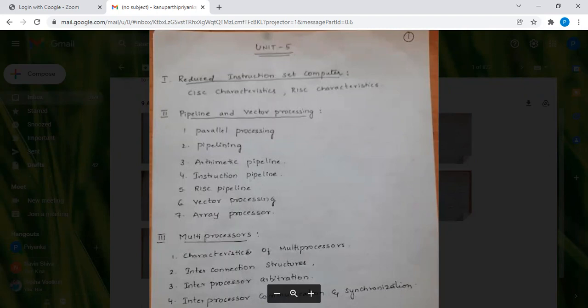First, we need to have relatively few instructions, and then relatively few addressing modes, and memory access should be limited to load and store instructions.